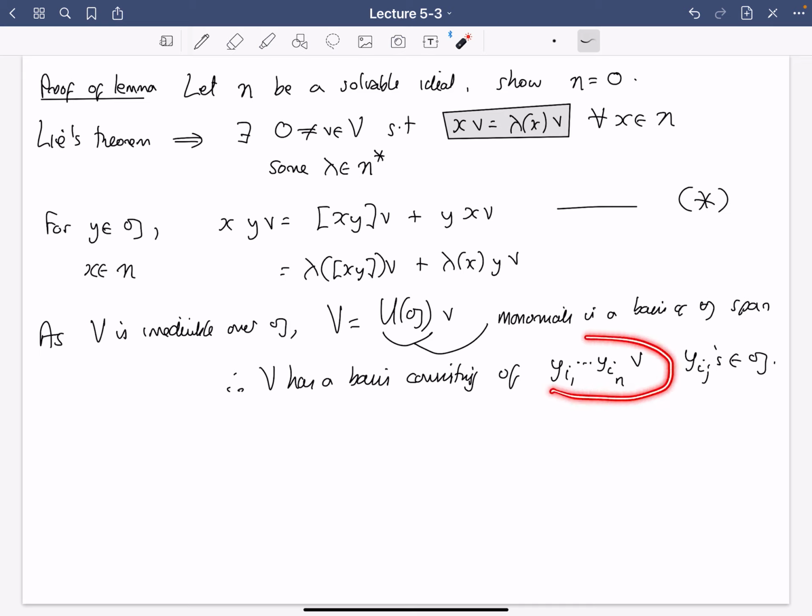So you get monomials of y's in G applied to the vector v, which give you a basis for V.